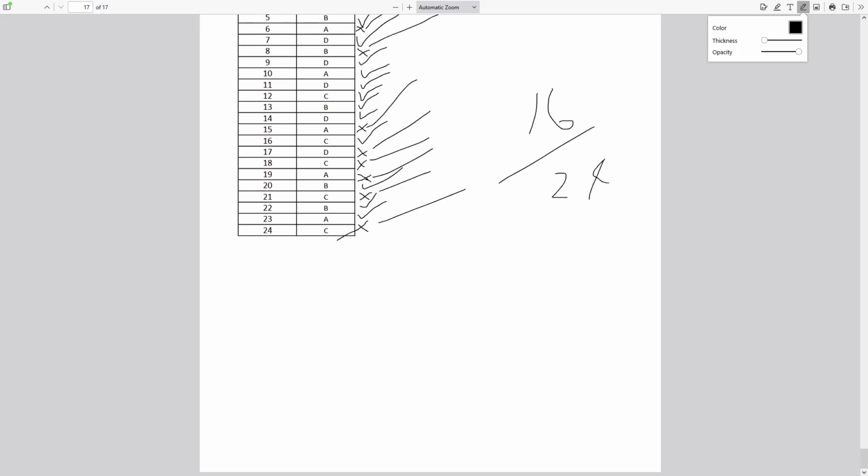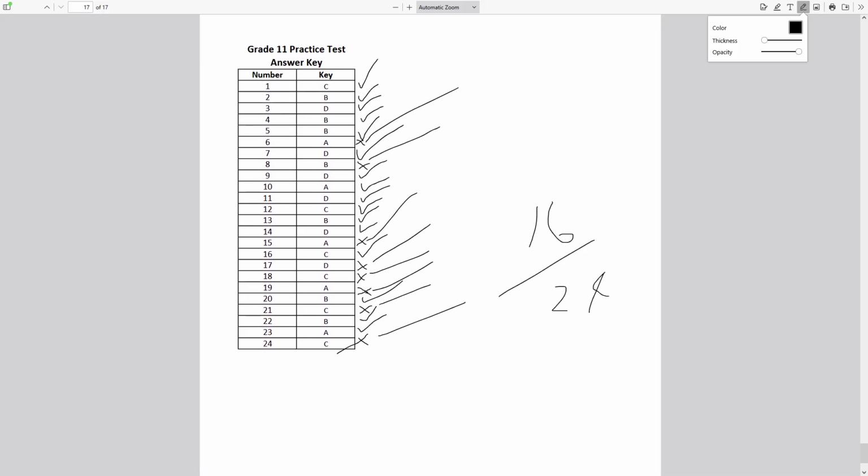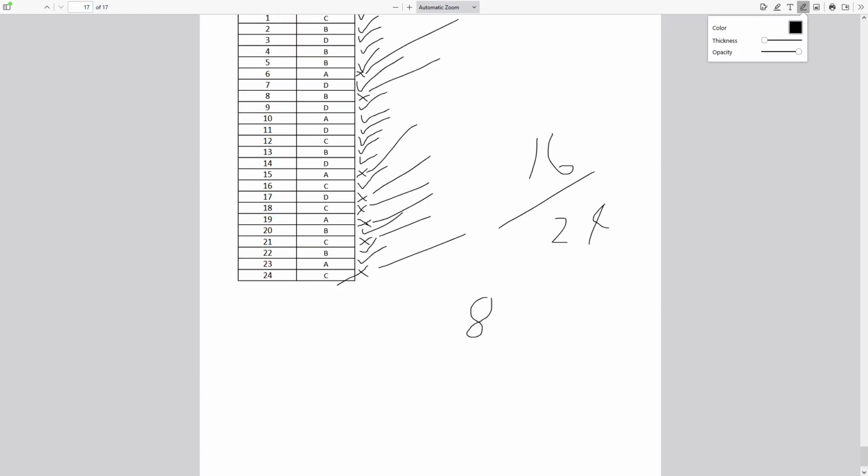Oh no. How much is that? Wait, no. Divide both sides by 4. You get 4 over 6. Divide both sides by 2. You get 2 over 3. 2/3. That is 66.7%. I pass.